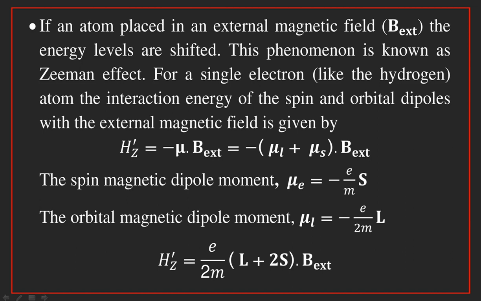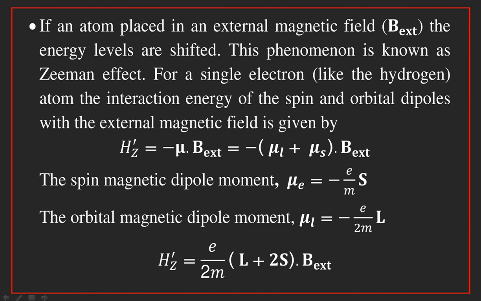One is the spin magnetic dipole moment, mu_S, which is equal to minus e by m into S, where S is the spin angular momentum. And the orbital magnetic dipole moment, mu_L, which is equal to minus e by 2m into L, where capital L is the orbital angular momentum.